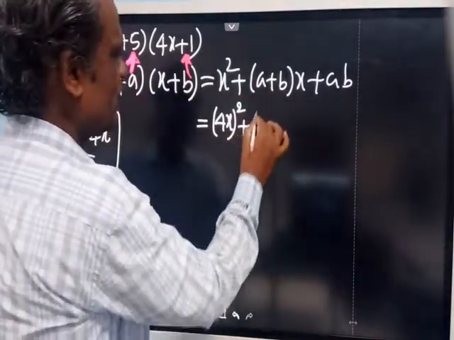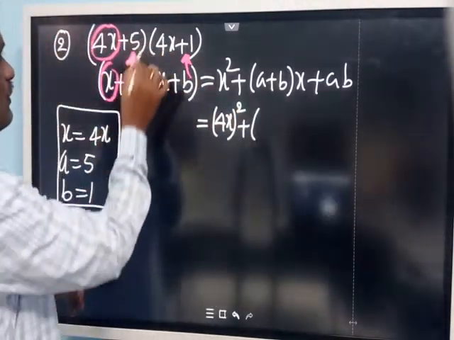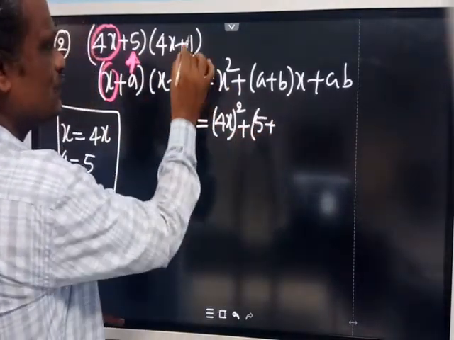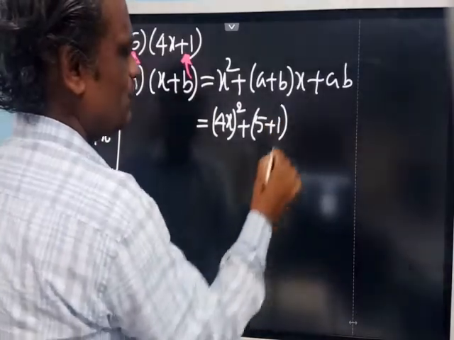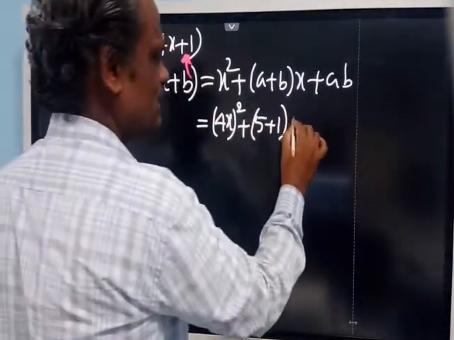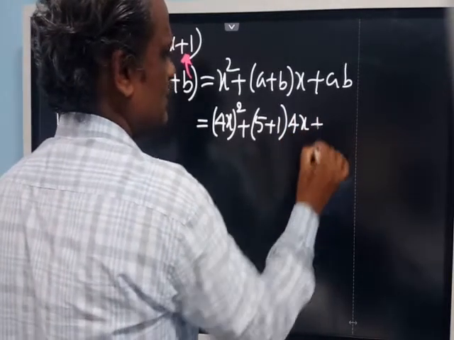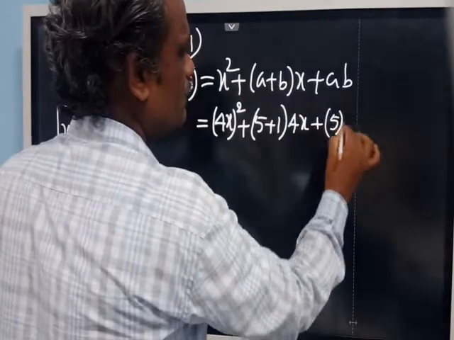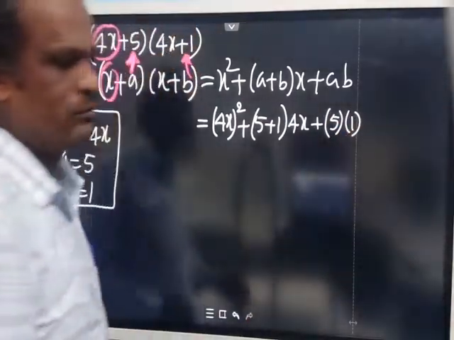Then (a + b), a value 5 plus b value 1, (5 + 1). x again you have to write 4x, plus ab, a value is 5 into b value is 1, 5 into 1.